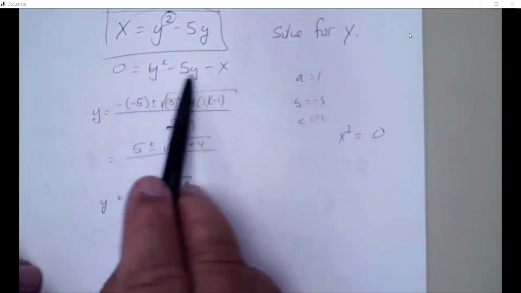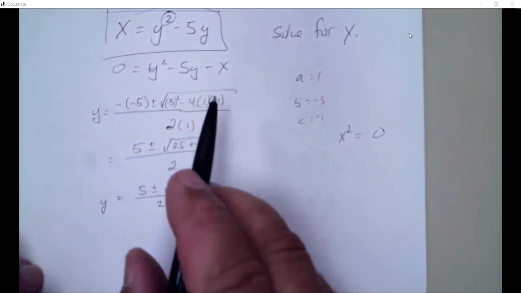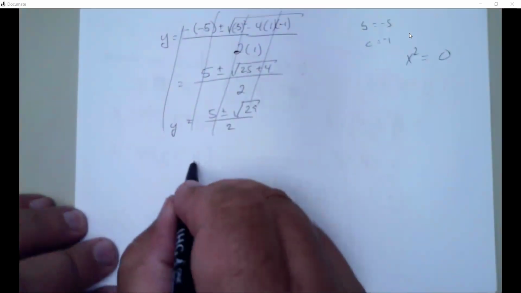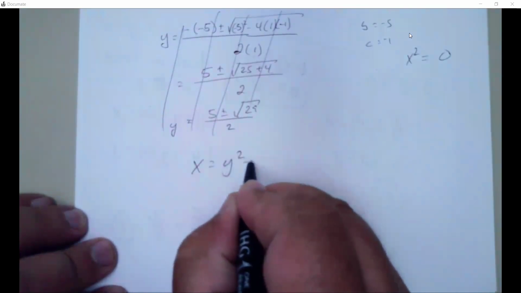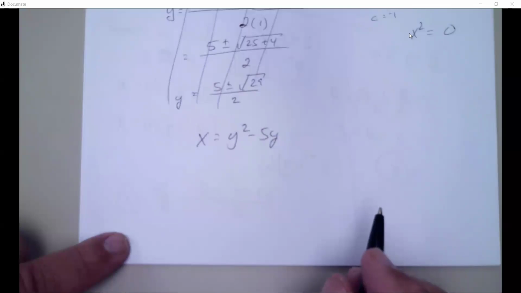If you do that, that doesn't help us much. Can we solve for x? So we have x equals y squared minus 5y. Can we solve for y?